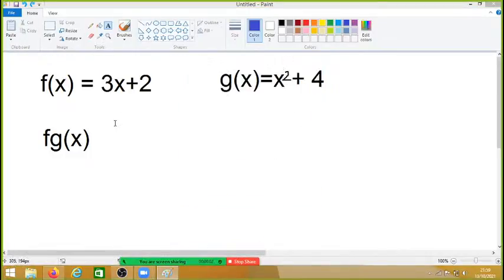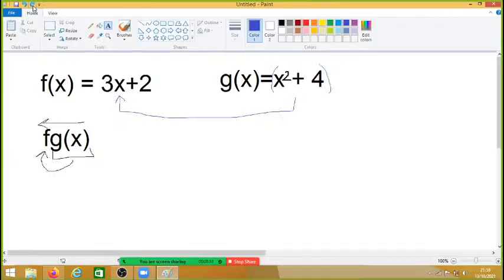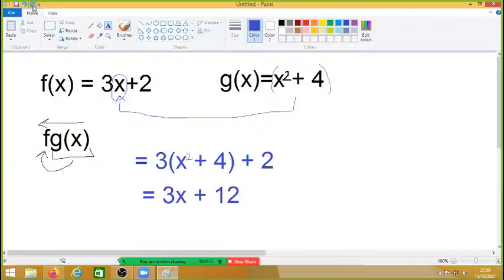Okay, good. So backwards, right to left. So the first thing you see is the g, so now you know your focus is on taking the function which is g, x squared plus 4, and putting that into the function f. Whereabouts does it go in the function f? Just where a number would go, which is the x. And the advantage of putting it into brackets is it just makes it clearer what's going into what. And then the rest is just easy manipulation.